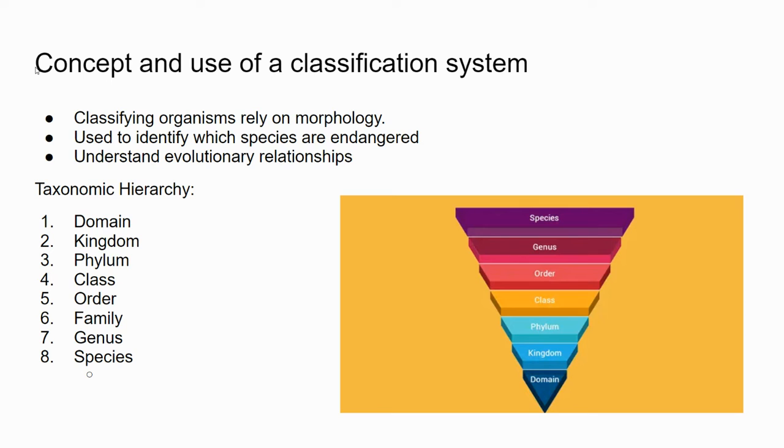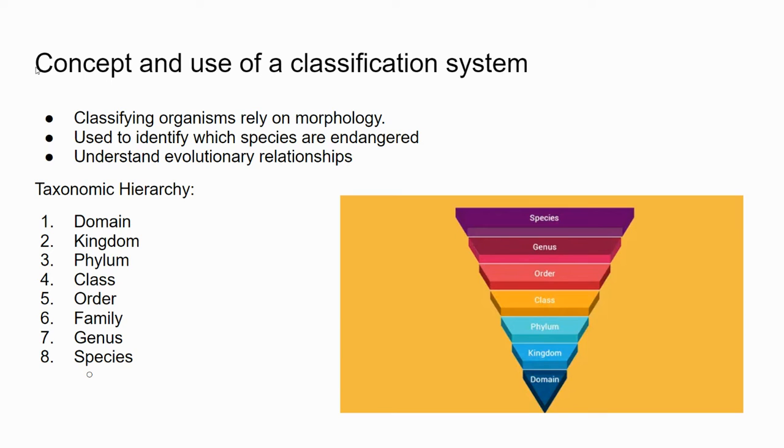When you go down the taxonomic hierarchy, you go down to the species. Species is the smallest of the taxonomic hierarchy, and you have around 3 million to 5 million species in the world right now.